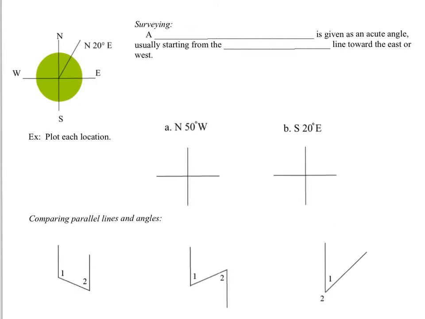Another way to create a course is by using a compass. And when we use that compass model, we call it now just a compass bearing. This will be written a little bit different than the course of a plane or a ship. A compass bearing is going to be an acute angle. So it won't be 330 or 130. It's going to start from the north or south line.